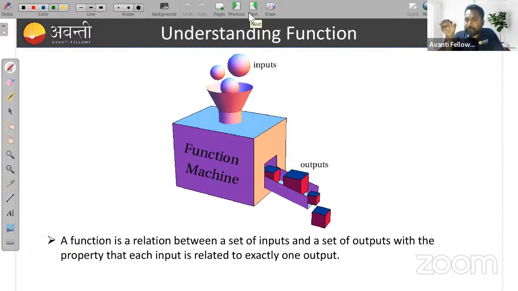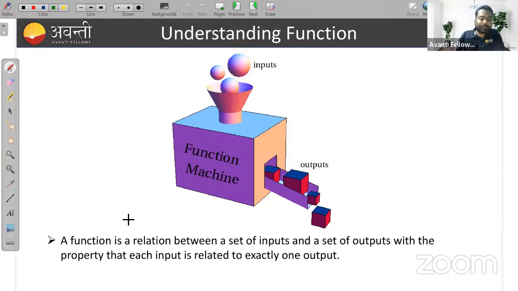Machine means you give some input and the machine gives you some output, right? Likewise, take any fruit juice machine. As soon as we put fruit in the juicer, what are you getting? You are getting juice in liquid form. So here my fruits are the input and my juice is my output. Like this we can compare a function with a machine, and we can say it's a mathematical machine to which we give some input and that machine gives some output to you.